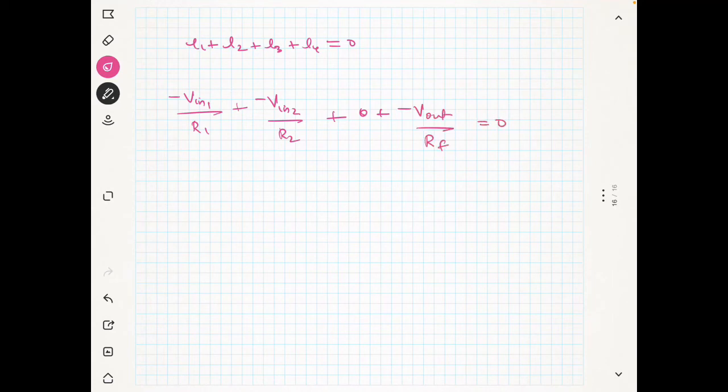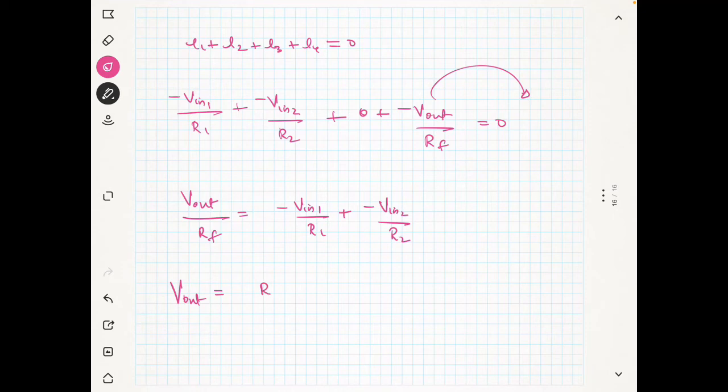This is equal to 0. So I can measure my output now as V out. I can take this to the right side. So V out by RF is equal to minus V in 1 divided by R1 plus minus V in 2 divided by R2. So what is V out? V out is equal to minus RF into V in 1 divided by R1 plus V in 2 divided by R2. Am I correct? So this is my output.